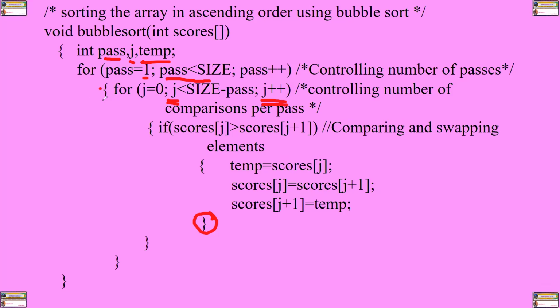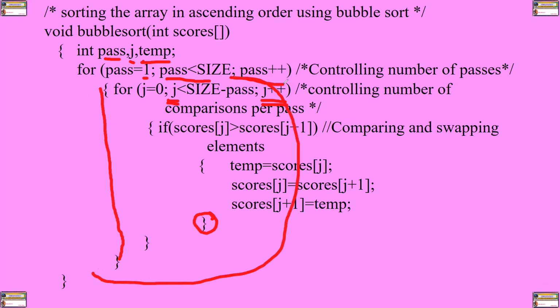Then this loop will be exited. And then the control will be taken to this part of the loop, which is the value of the memory location called pass plus 1. Initially it was 1, so 1 plus 1 is 2. So it will check, is 2 less than 10?